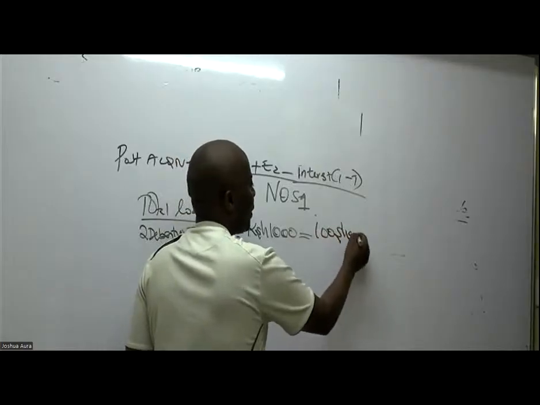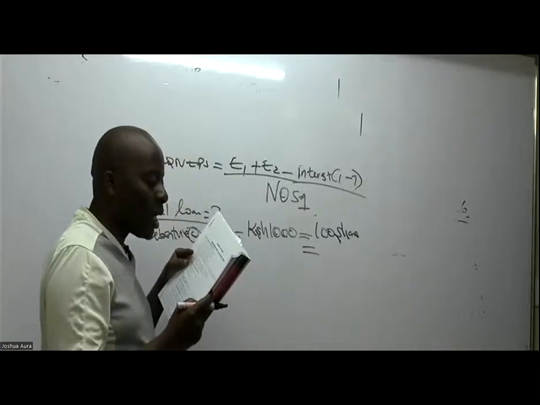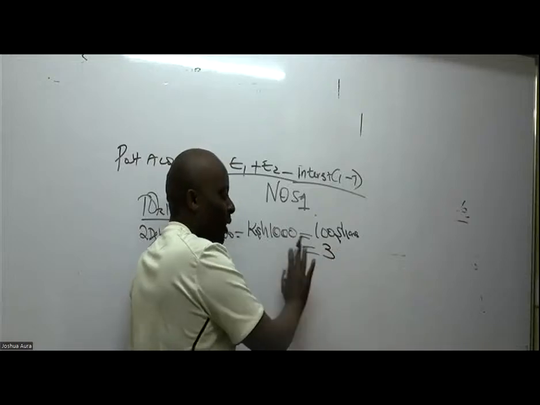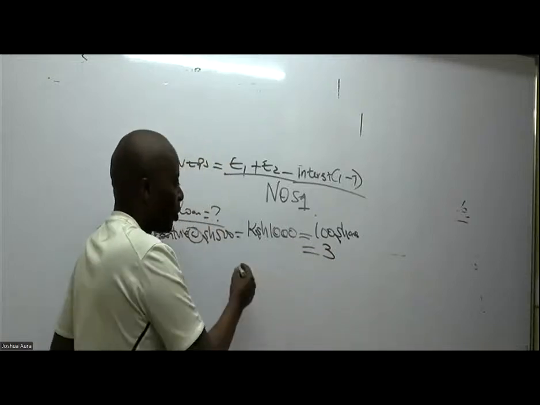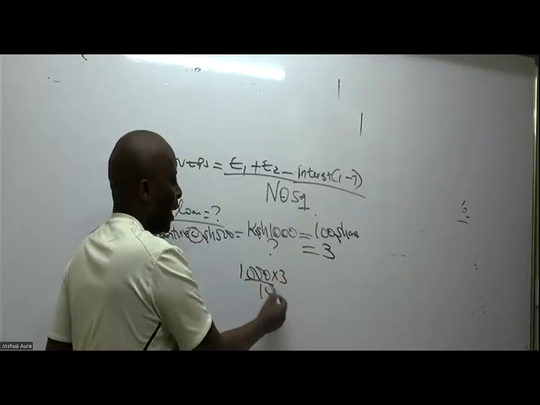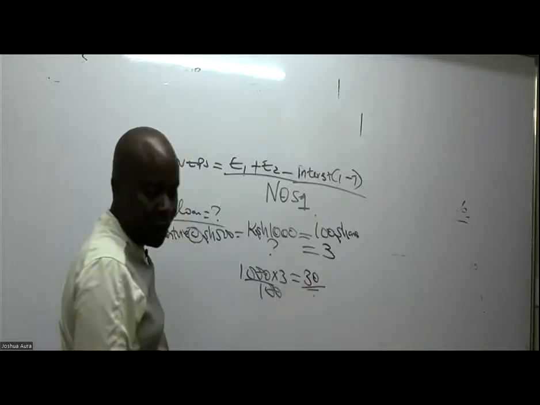How many shares does company 2 have in total? There are 3 ordinary shares outstanding. You don't have to introduce the millions, just leave it like that. So this will be 1,000 times 3 all over 100, which gives us a total debt of 30.